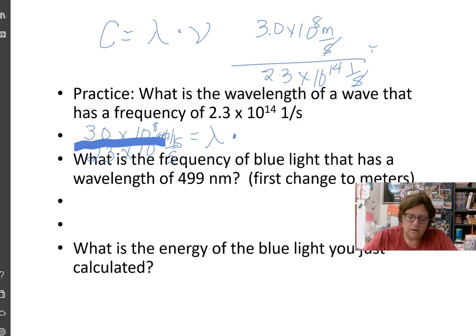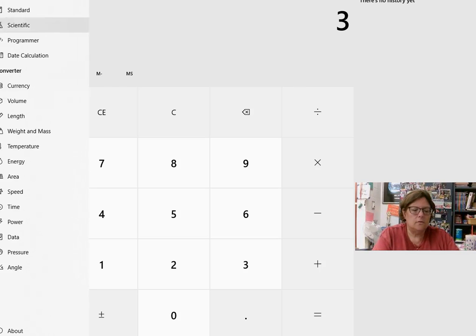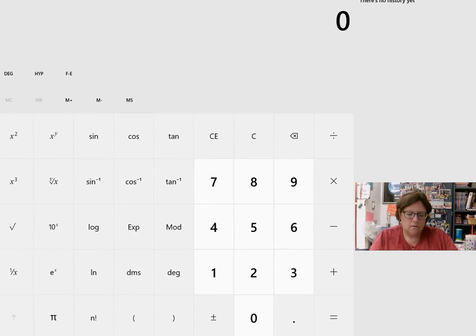So let's use a calculator and do that. So we're going to take 3, and I'm going to use the exponent.